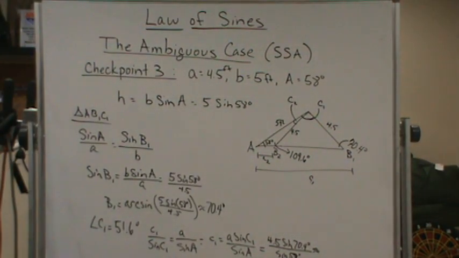Hold on a second. 4.5 times sine of 51.6 divided by sine of 58, and I get 4.99, so that's going to be approximately 5.